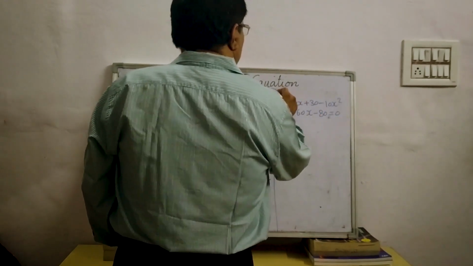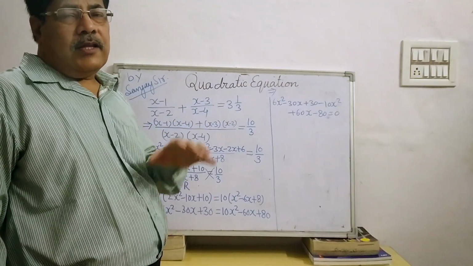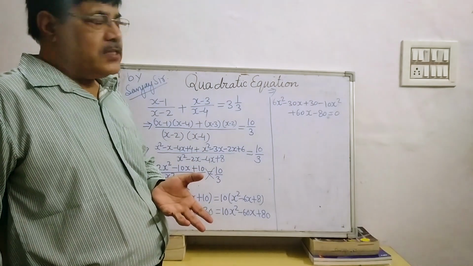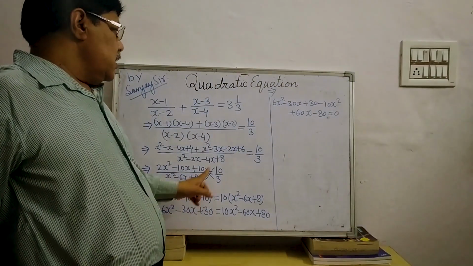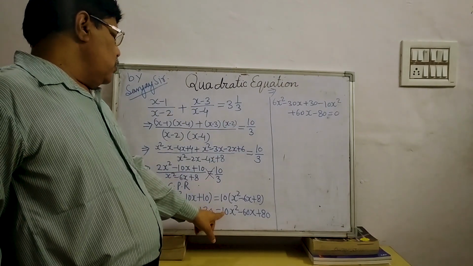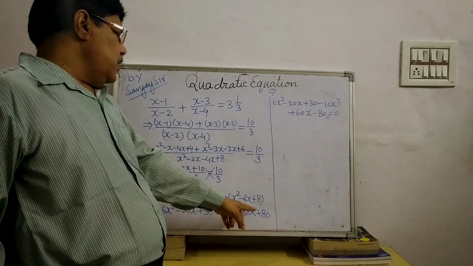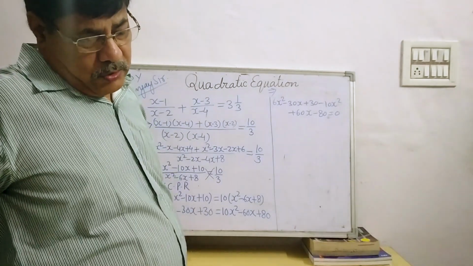Because we know that whenever we transfer values from one side to the other, from left hand side to the right hand side or vice versa, their signs are changed. So first I have written this 6x square minus 30x plus 30. Transfer this on this side, so this is plus, it will become minus, this is minus, so it will become plus, this is plus, so this will become minus, and that equal to 0.